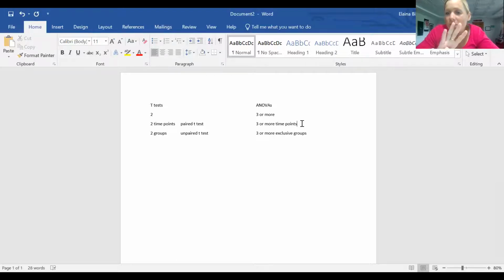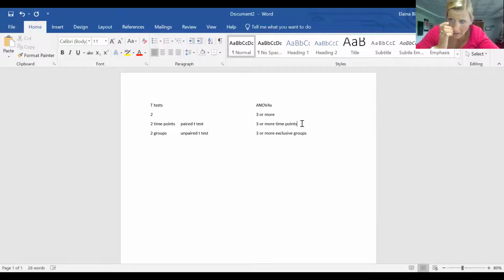So we're looking at 4 different time points in this example, but we're looking at that same group of people. We're going to follow that same cohort throughout their whole pregnancy to determine if there is a difference in their weight or something along those lines.